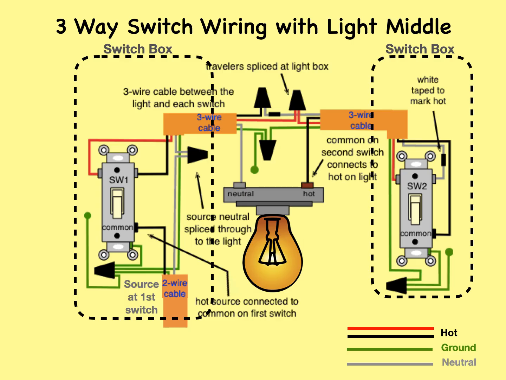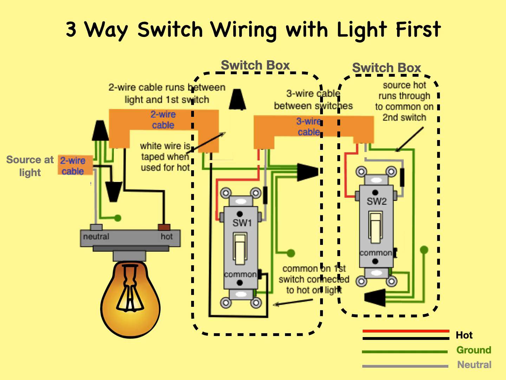The traveler wires are spliced at the fixture box to run between the traveler terminals on the switches. They are not connected to the light. Notice that the white wire in the three-wire cable between switch number 2 and the light will carry a hot connection to switch number 2, so it is marked with black electrical tape or paint.